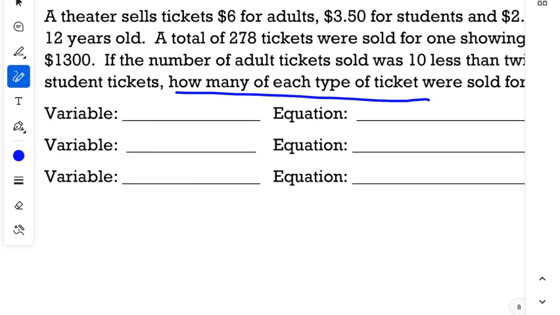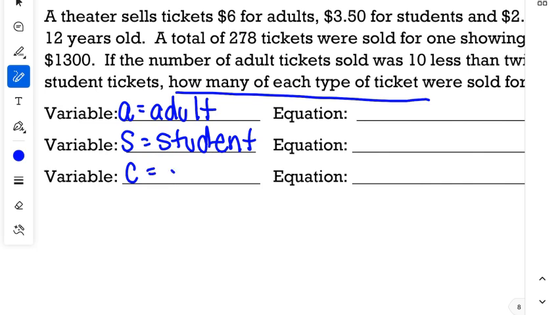So what are the variables then? A for adult tickets. S for student. C for child.